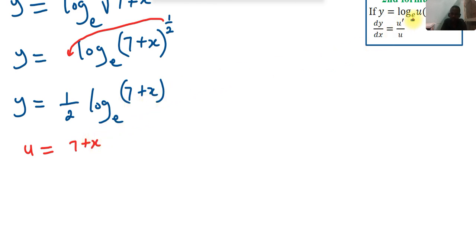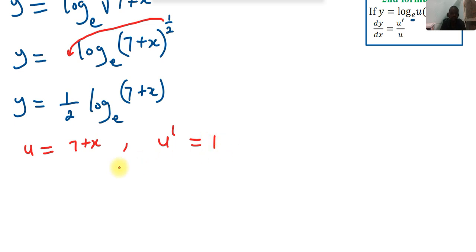If you look at the formula, it's the one standing in the position of u. So you call your u as 7 plus x. So in that case, you take u prime. Now if you differentiate 7, which is a constant, that will be 0. And if you differentiate x, your answer is going to be 1.